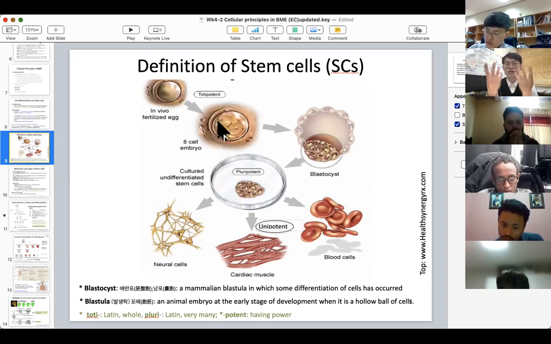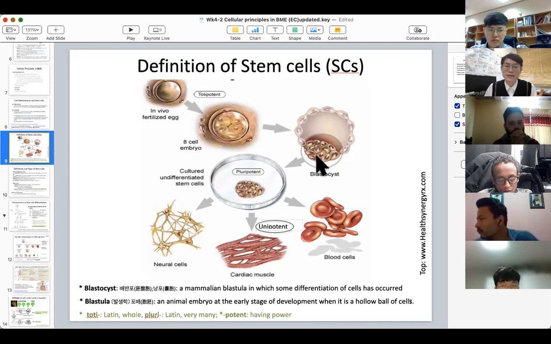And then it starts to divide. 1 becomes 2, 2 becomes 4, and becomes 8. So an 8-cell embryo, and that will become a small inner cell mass of this blastula. And we call this a blastocyst. All right.